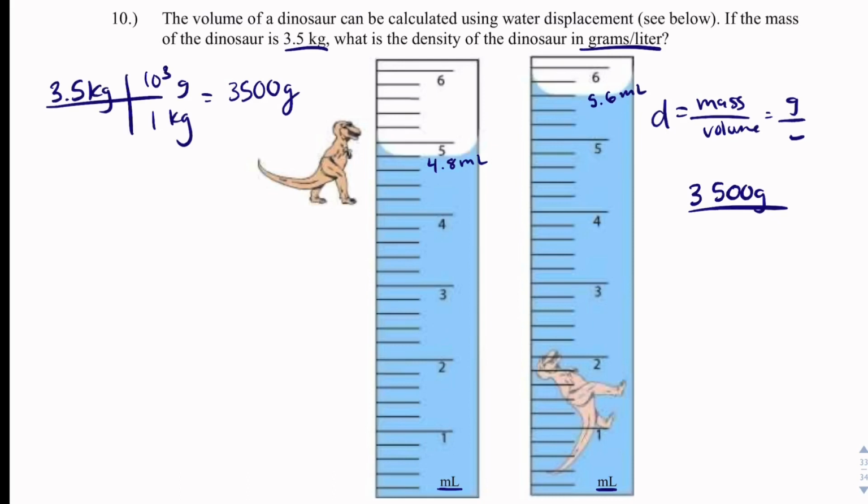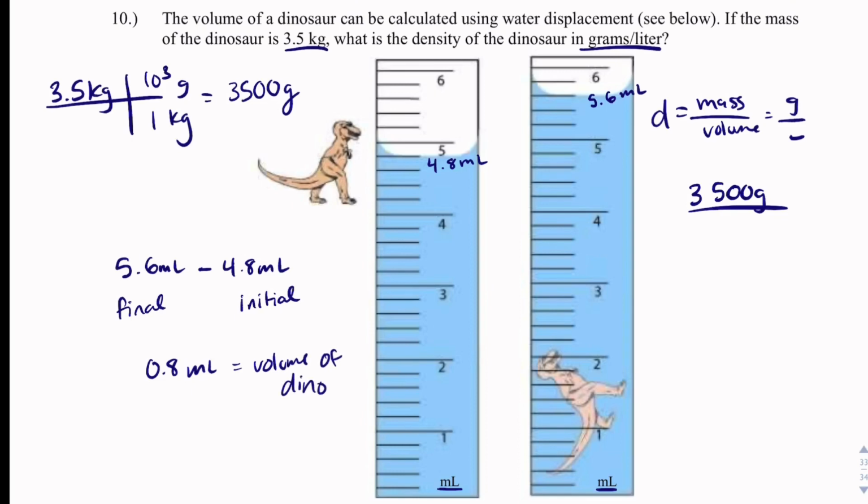And so if I take 5.6 milliliters and I subtract the 4.8 milliliters, initially, I'm going to get 0.8 milliliters is the volume of our dinosaur, which is a very small dinosaur, okay, not even a milliliter.